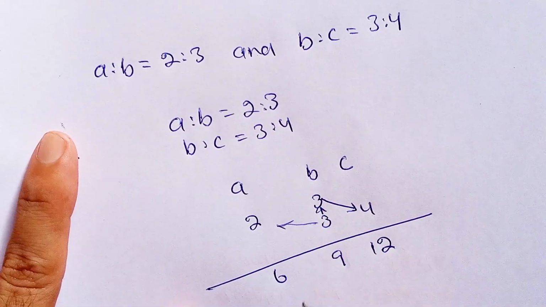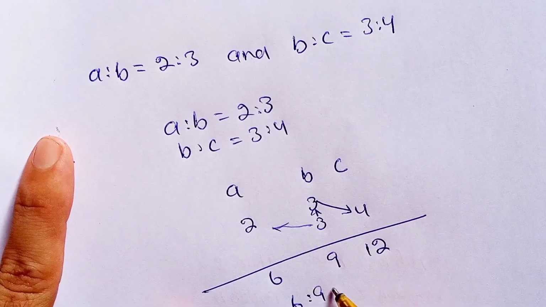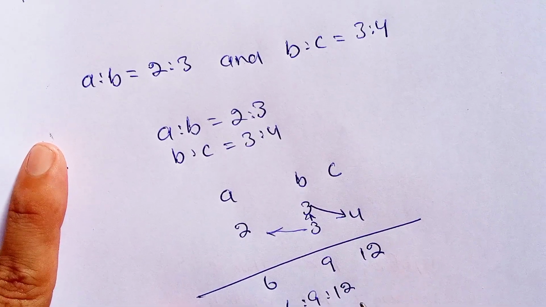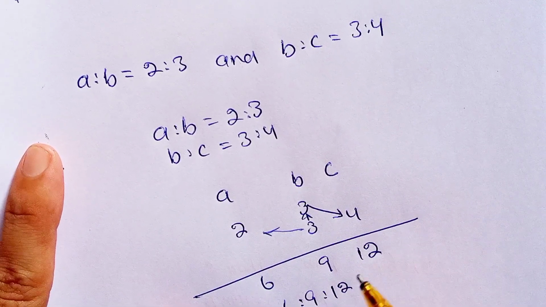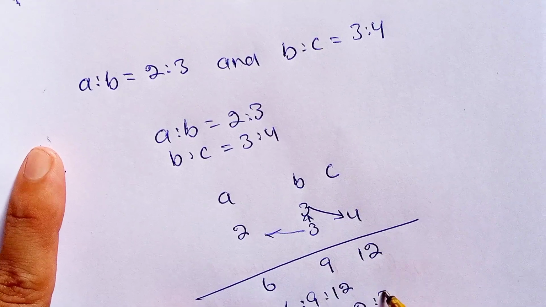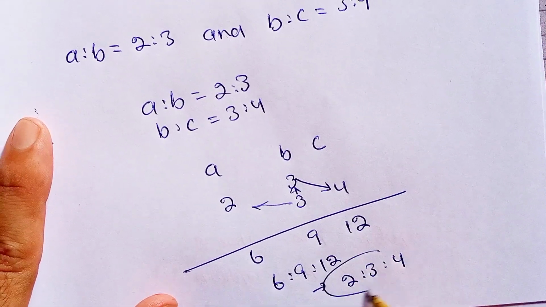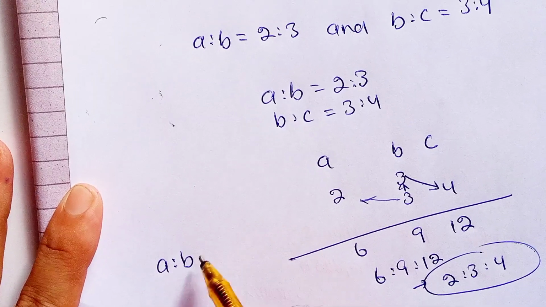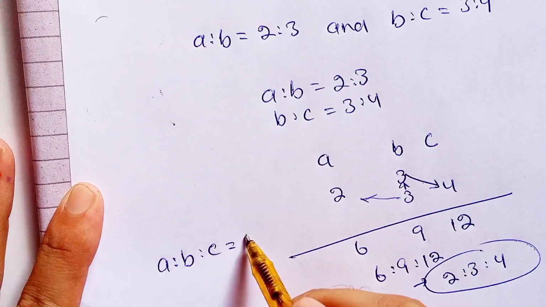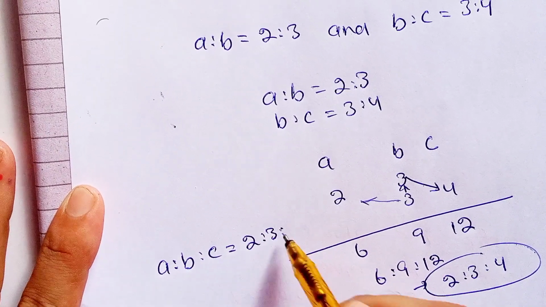So the continued ratio is 6:9:12. If we simplify this ratio, then we get 2:3:4. This is our simplified ratio. A:B:C is equal to 2:3:4.